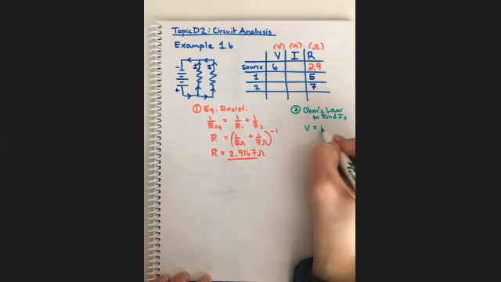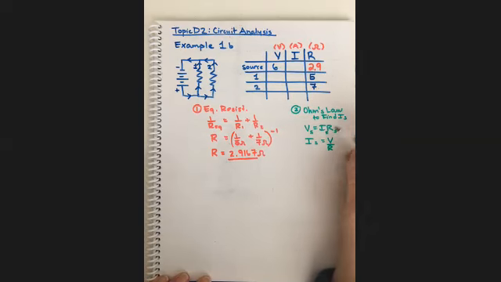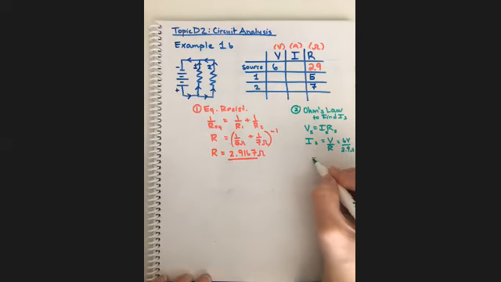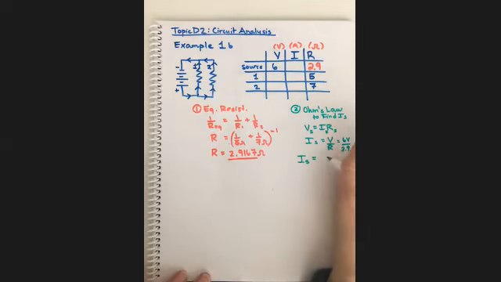If V equals IR, then I equals V over R. 6 volts divided by, now I'm only writing 2.9 ohms because there's not enough room, but I'm going to use the answer button on my calculator. 6 divided by answer is 2.05714 amps.